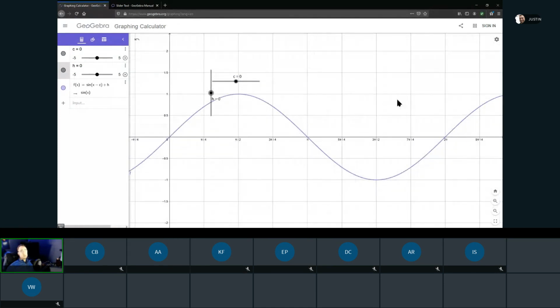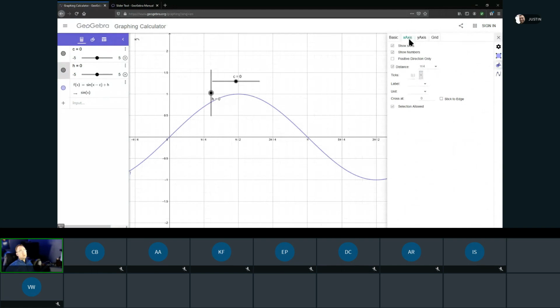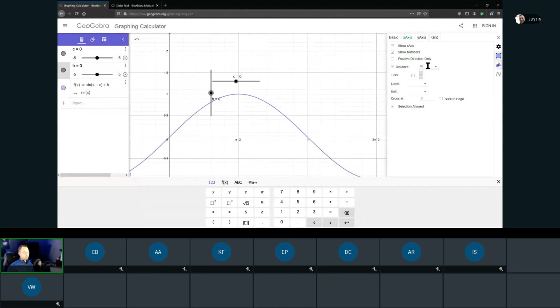So again, just a quick refresher. We changed the x-axis to radians by clicking settings. Then we went to the x-axis. We selected distance. We selected pi over 2, and I personally like changing that to pi over 4, and then I hit enter to take effect.